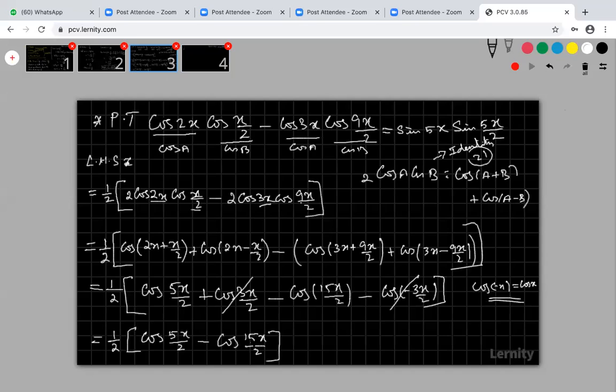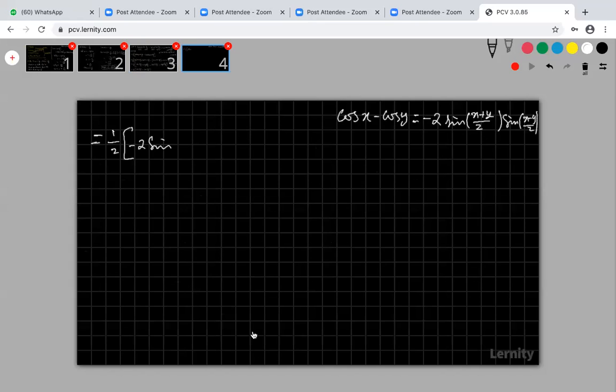Take this as x and this as y. 5x by 2 is my x, 15x by 2 is my y. So minus, already 1 by 2 is there, therefore minus 2 sine of (x plus y) by 2, that is 5x by 2 plus 15x by 2, whole divided by 2.